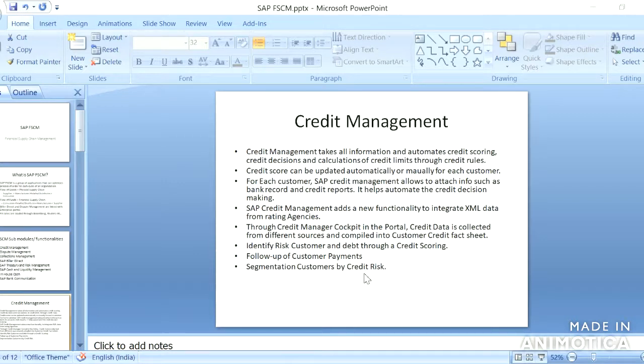So this is how credit management helps to take decisions regarding customers, whether we can provide credit to those customers or not.